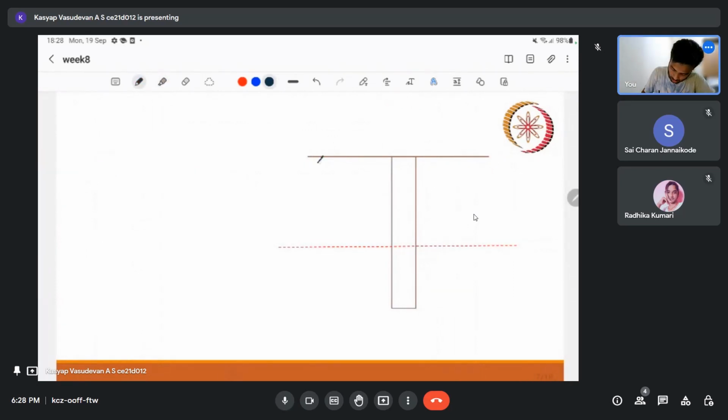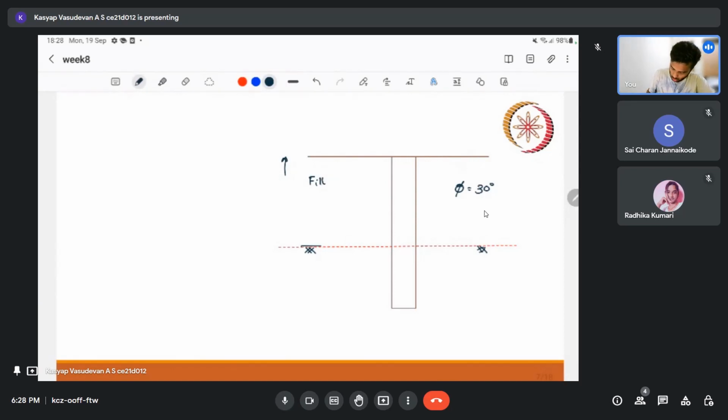So we have phi, we are given phi is equal to 30 degrees, and this is the fill. Let us say this was the old ground level, this is the new ground level. So this is the fill. Let me erase this, it will give a better idea.